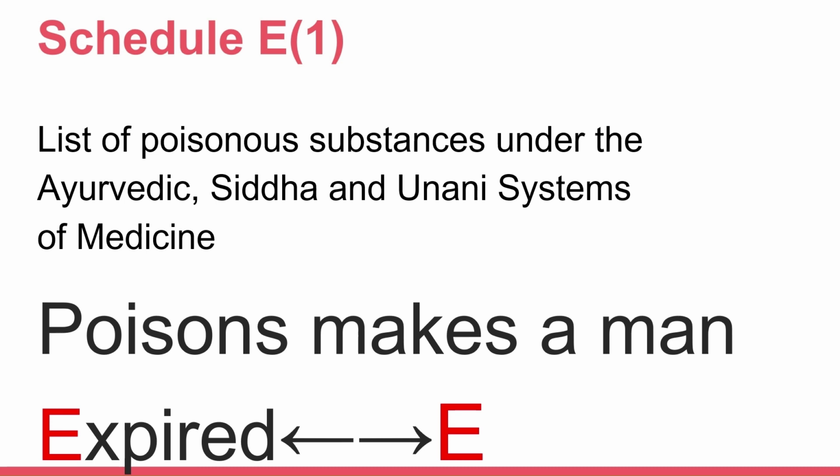When expiry happens when a man takes some poisons. From this, you can remember that Schedule E is related to poisons, poisons under the Ayurvedic, Siddha and Unani system of medicine. So you correlate the word expired with the Schedule E.